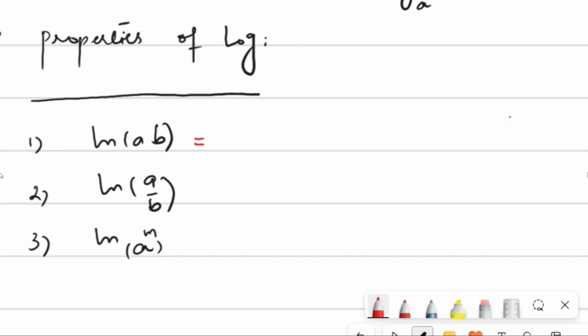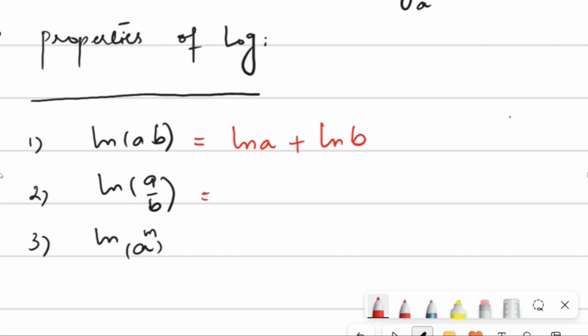If we have ln of a into b, when we open it, the multiplication will be converted into plus: ln a plus ln b.